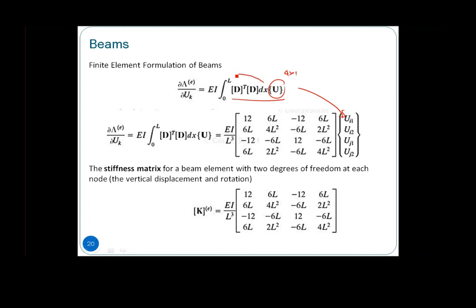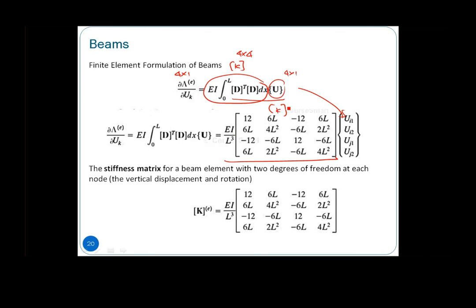So if you can find the integral of this thing, then we can find our K. Our transpose of the D matrix, the double differentiation of our shape functions, is D. So D transpose multiplied with D, then you integrate with respect to x from 0 to L, multiply with EI, that gives us our K. So if you do that, it will give us our K matrix equal to this. It is a 4 times 4 matrix. 4 times 1 equals 4 times 4 multiplied by 4 times 1. So your K matrix here is equivalent to this.